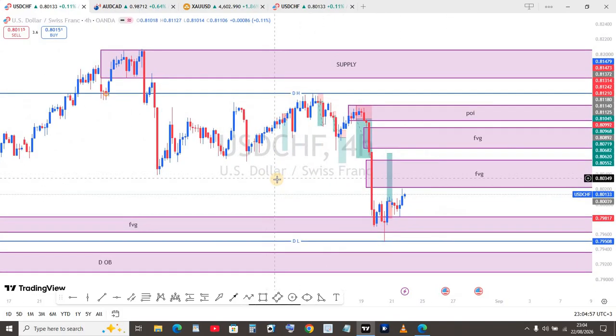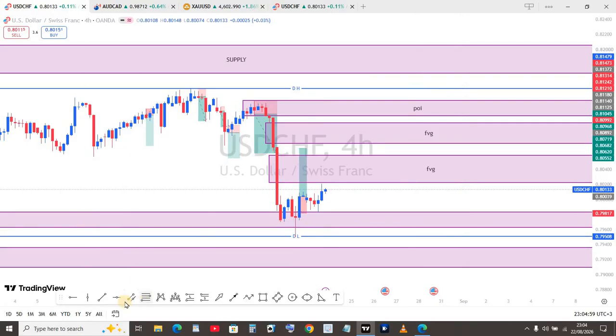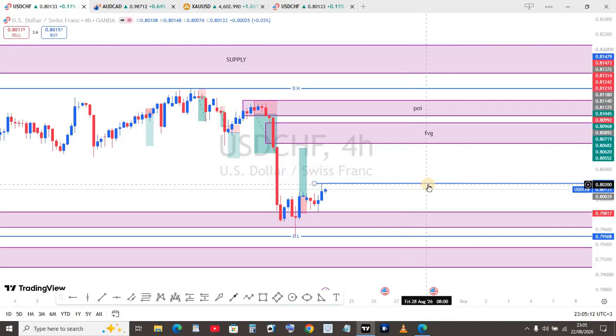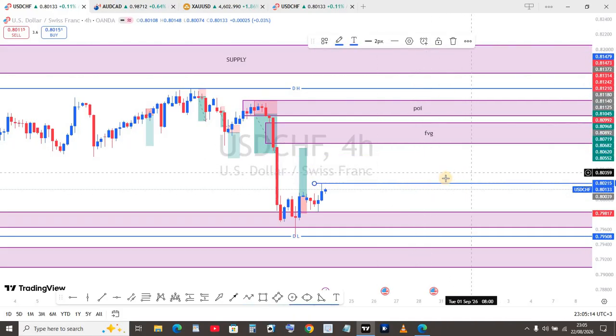Yeah, that's my anticipation. So I have to mark the 4 hour high. This is the last highest of our 4 hour candlesticks. So let me erase this.